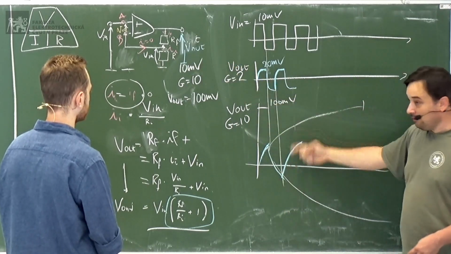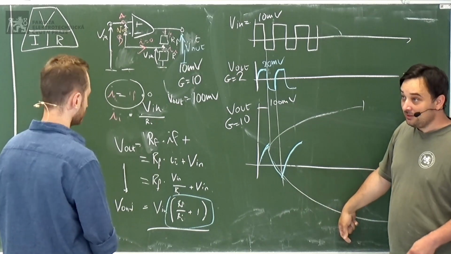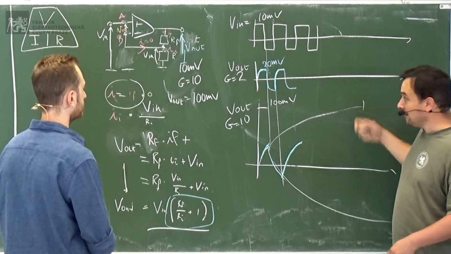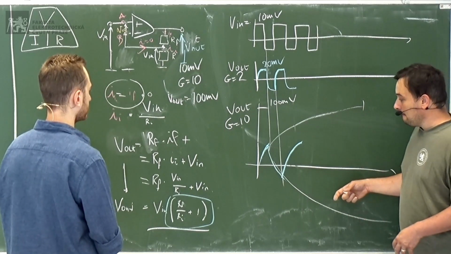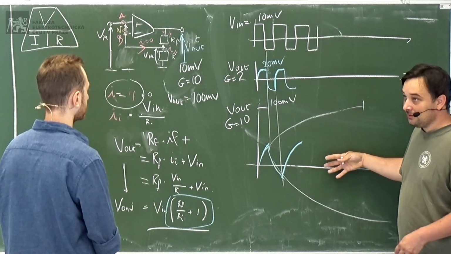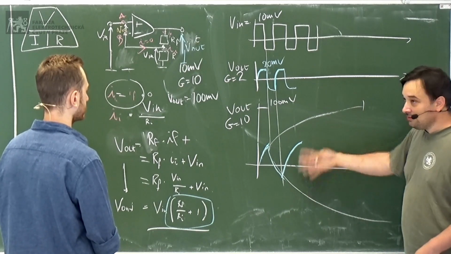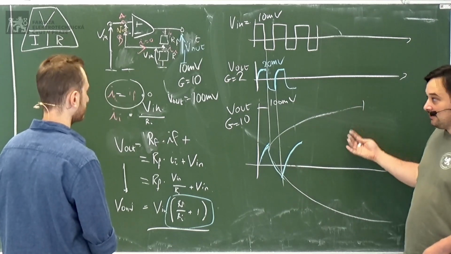Here you see it will never go to steady state. It means that VD is never going to be 0 because it never rises to 100 millivolts. So in this case, this frequency is out of the bandwidth of the instrument, because you don't have time enough to go to steady state.